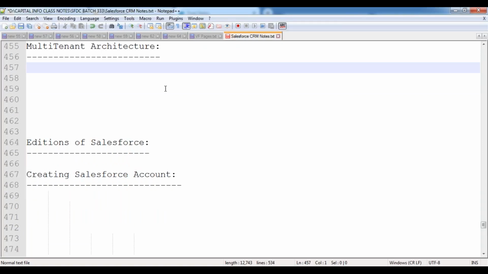So what do you mean by multi-tenant architecture? What are the various benefits and advantages of multi-tenant architecture? Now let's see practically.